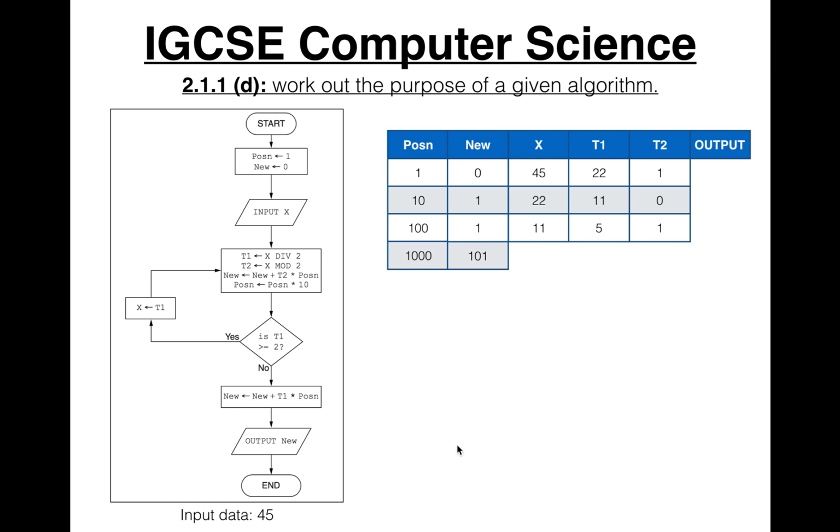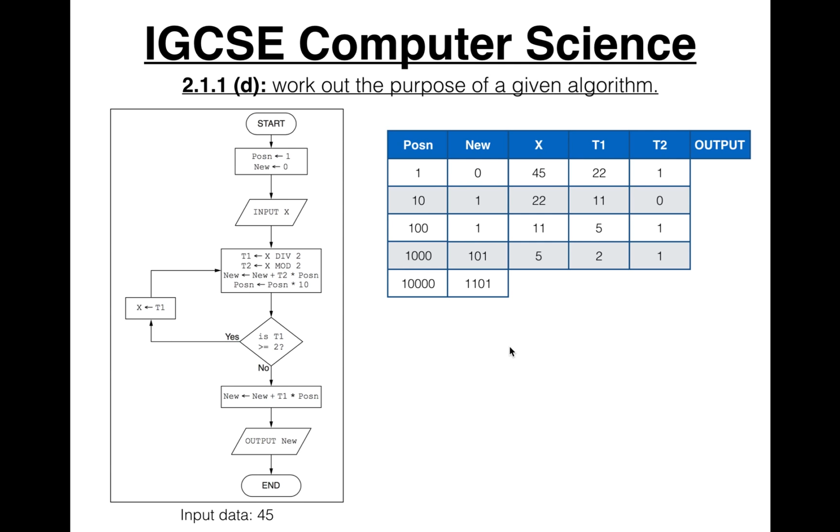Is T1 higher than or equal to 2? Yes, not yet. X is 5. Then T1 becomes 2, because 5 divided by 2 gives 2 with a remainder of 1. 1 times 1,000 plus 101 gives 1,101, and position becomes 10,000.